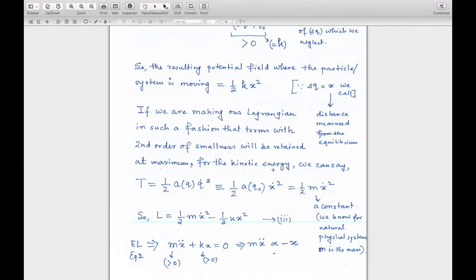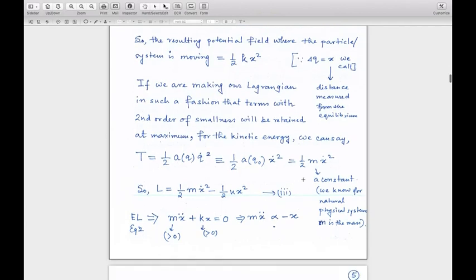Unless there is a very high external impulse, which we are not considering here. So if the q's are of first order of smallness, here in this case the q dots, or actually x dots, will also be of first order of smallness.